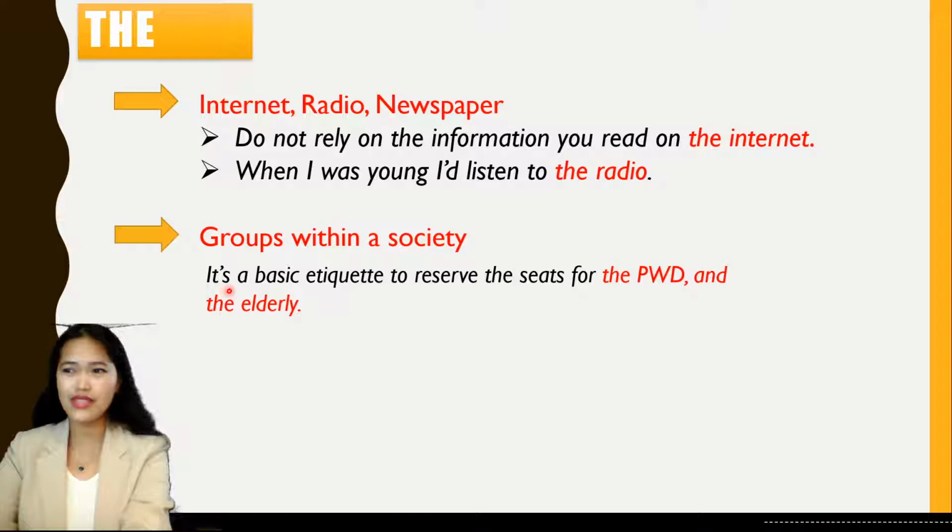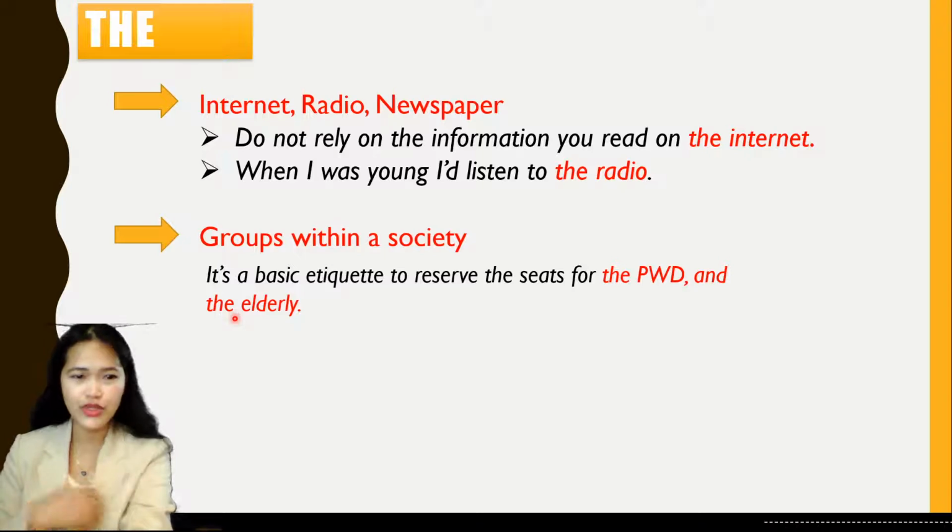We say it's a basic etiquette to reserve the seats for the PWD and the elderly, right? What is PWD? Person with disabilities.